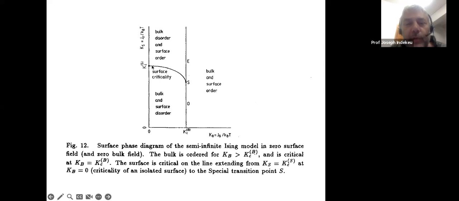the critical value for the coupling, for the surface coupling, you see Ks, yeah? So the critical value for the coupling in the two-dimensional system will be lower, which means that we will shift the criticality to higher temperatures, because this is the high temperature region here.